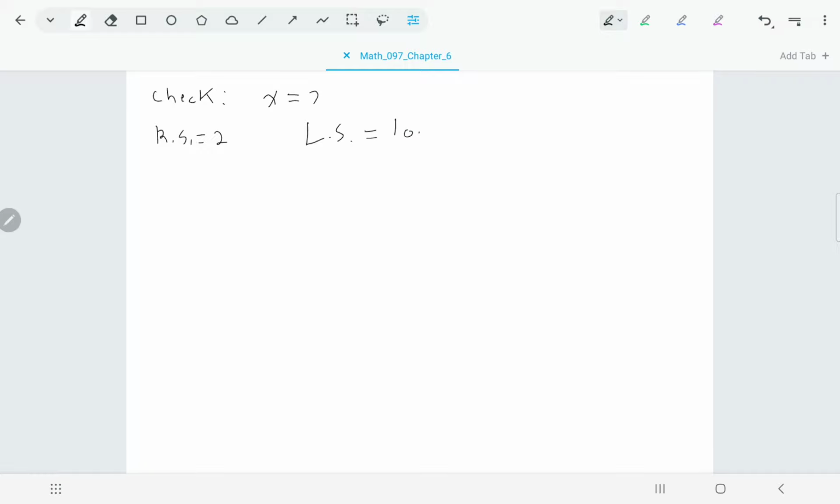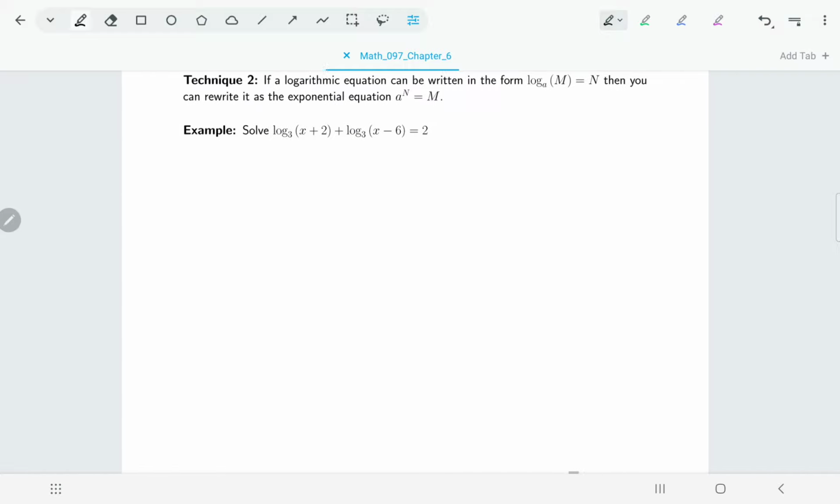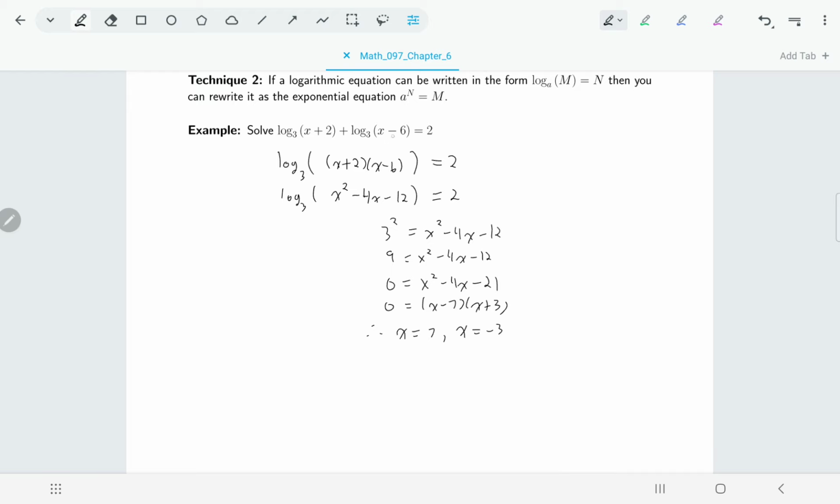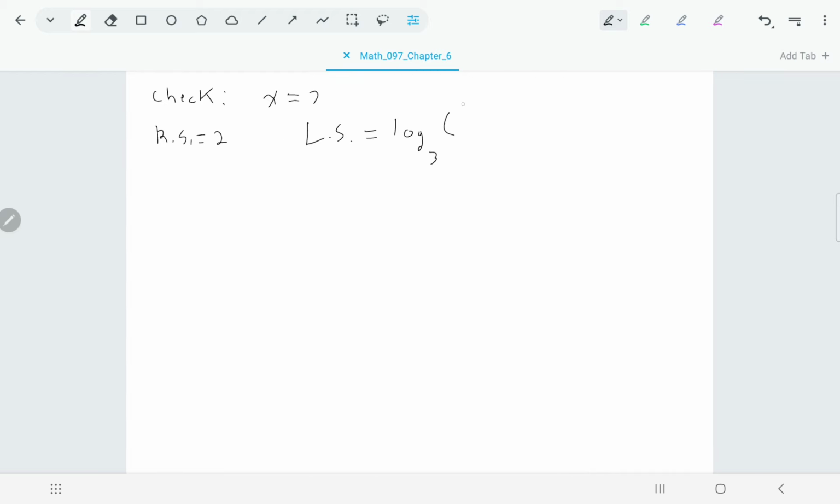Okay, so we have log base 3 of x plus 2 and log base 3 of x minus 6. So log base 3 of 7 plus 2 and log base 3 of 7 minus 6. So that becomes log base 3 of 9 and log base 3 of 1.